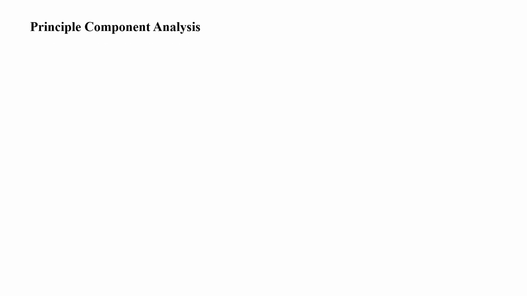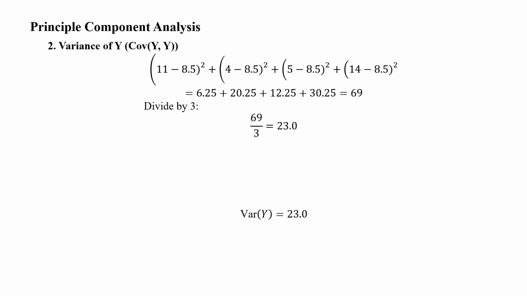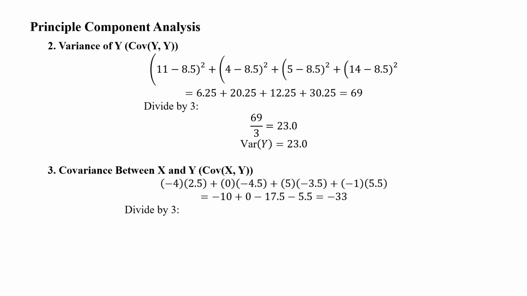Variance of Y and covariance. So, the variance of Y is 23.0. Next, we calculate the covariance between X and Y. The total is negative 33. Now divide by 3. Negative 33 divided by 3 equals negative 11.0.